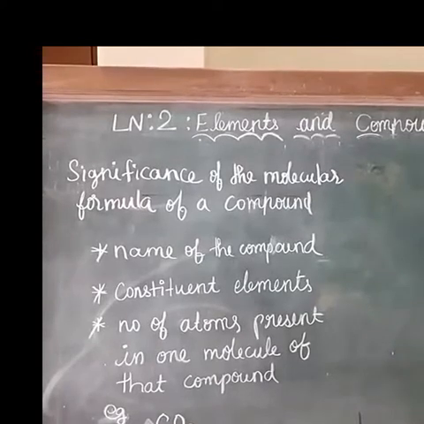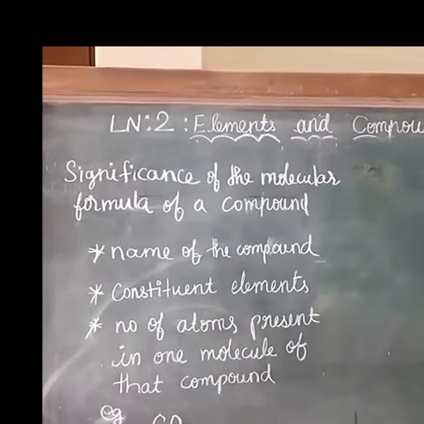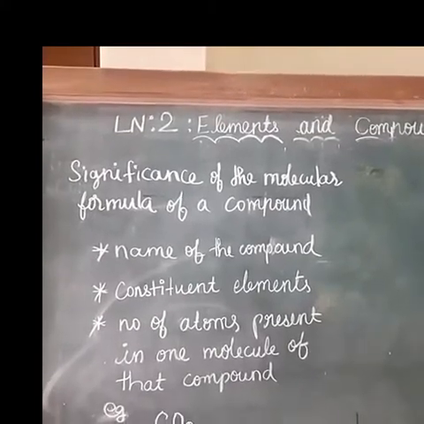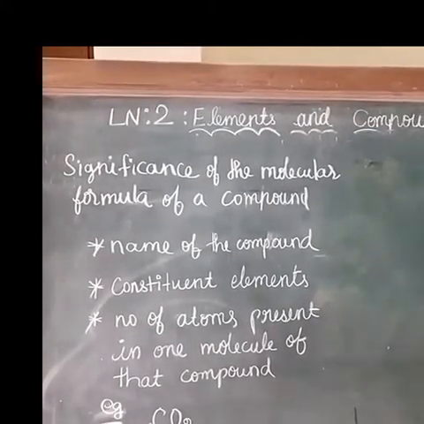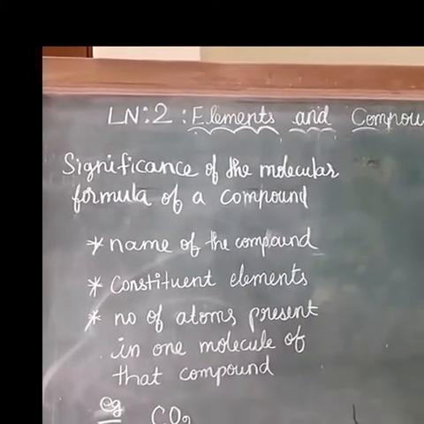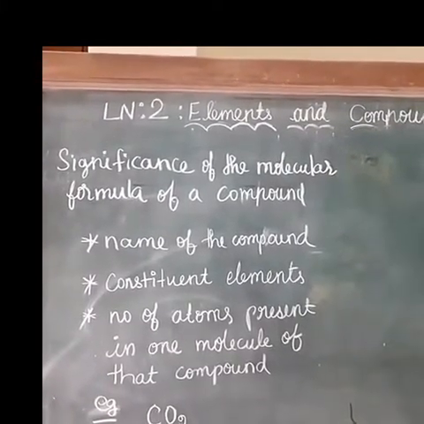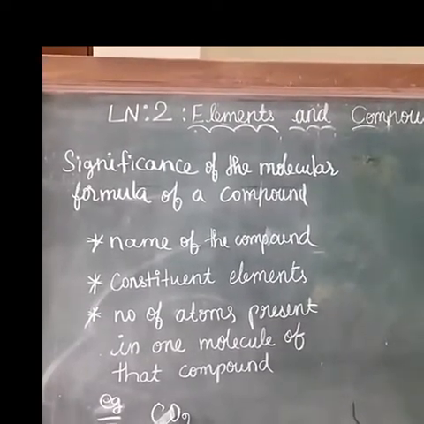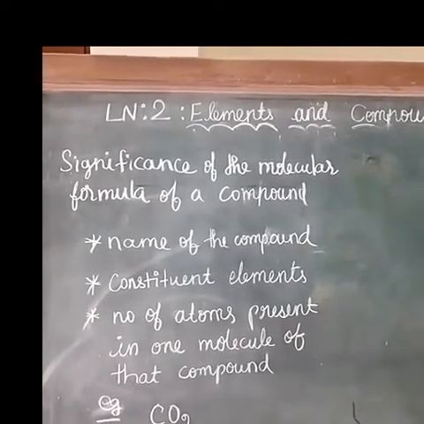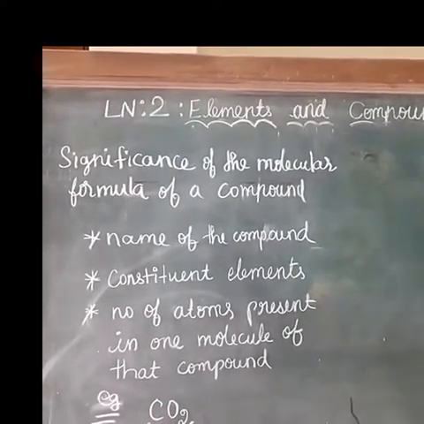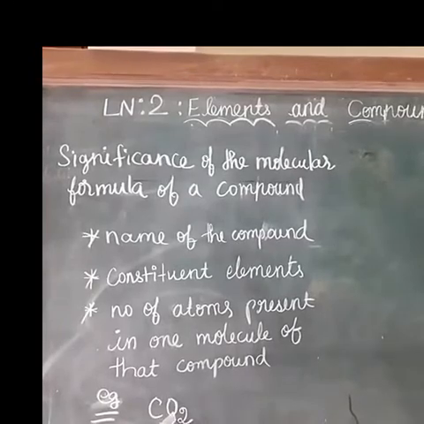It indicates that a molecule of carbon dioxide is formed by the combination of two elements, that are carbon and oxygen. In one molecule of carbon dioxide, the number of carbon atoms is 1 and the number of oxygen atoms is 2.